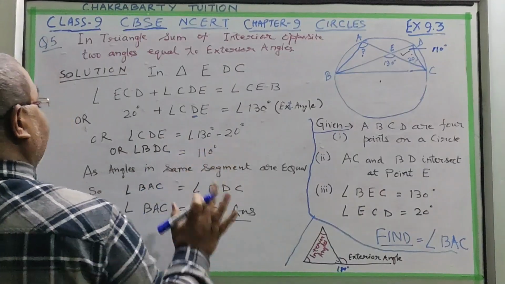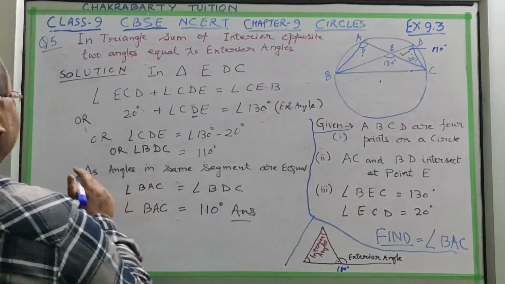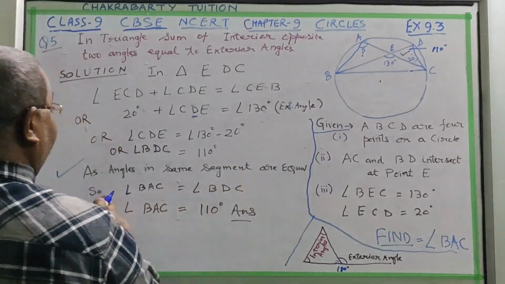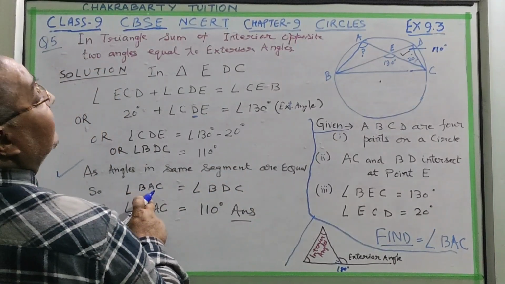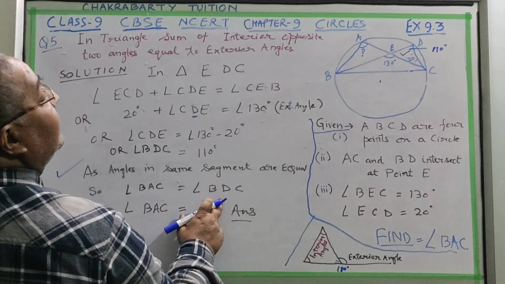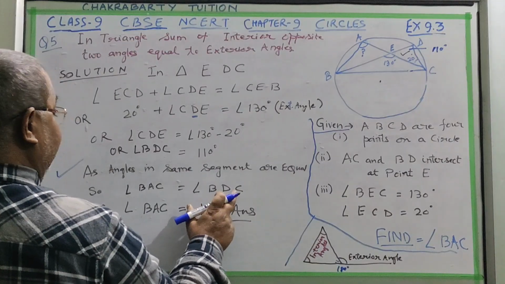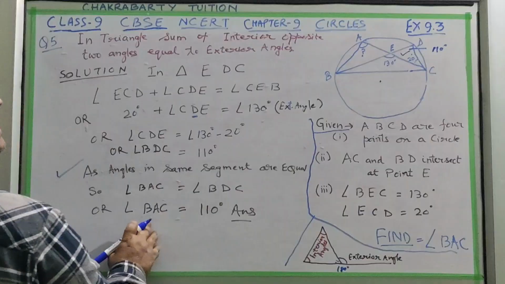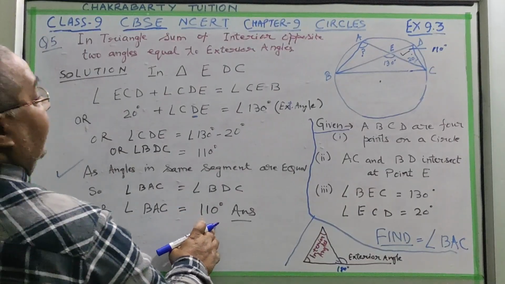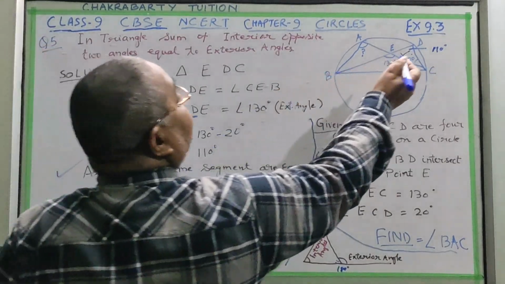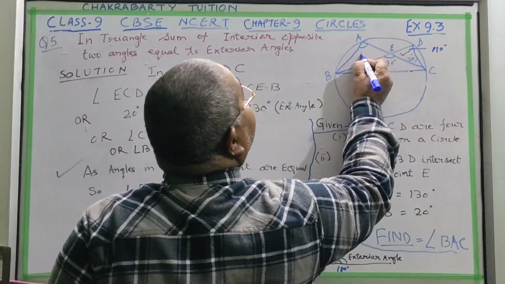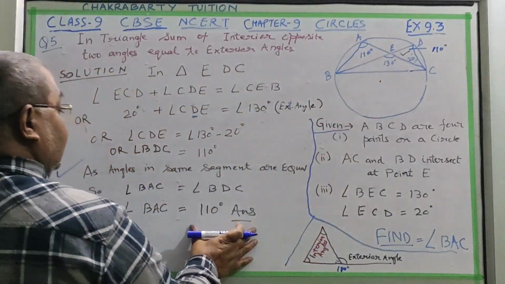Okay, this will be 110. Now we know another property: as angles in the same segment are equal, what happens? Angle BAC is equal to angle BDC, and angle BDC you have just found, 110. So angle BAC will be 110 degrees. It will also become 110 degrees. Okay, this question is solved.